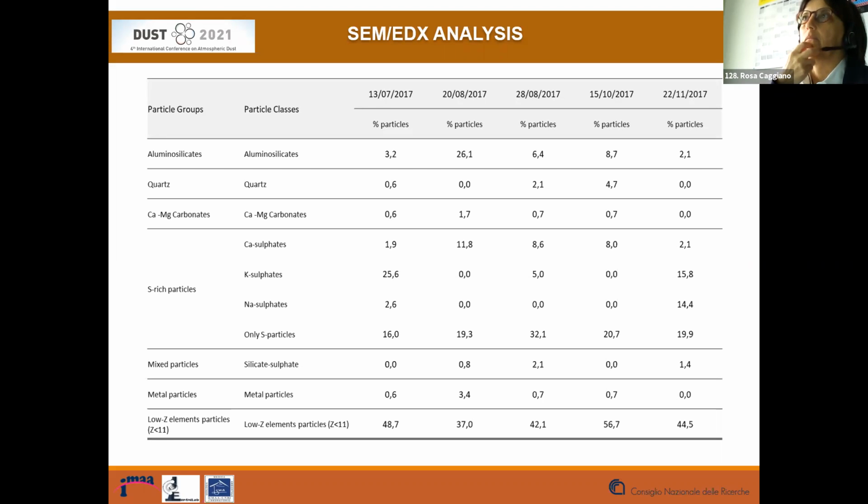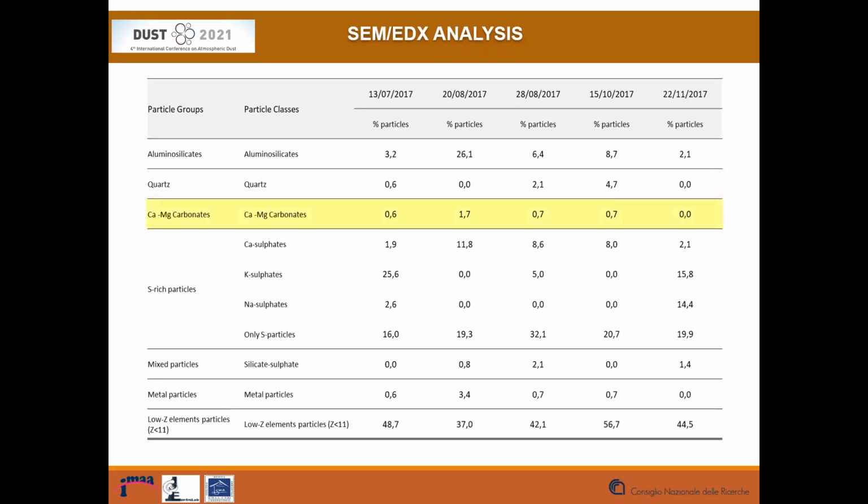Based on morphological and chemical characteristics, investigated particles were classified into 10 classes and 7 groups that include aluminosilicate, quartz, calcium-magnesium carbonates, sulfur-rich particles, mixed particles, metal particles, and particles with low elements, lighter than sodium.